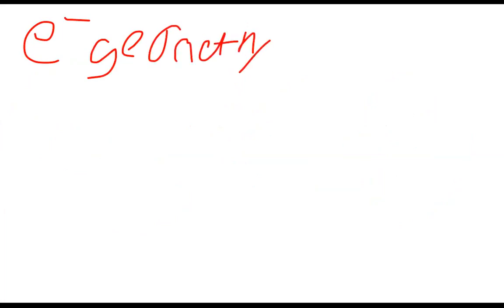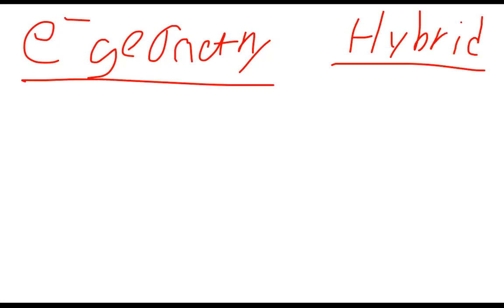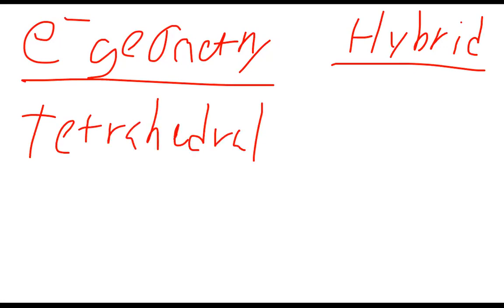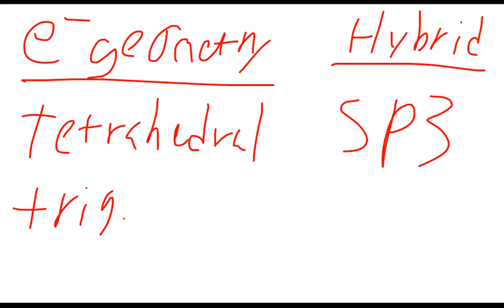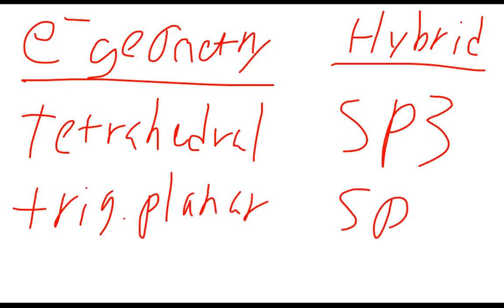So this is our electronic geometry, and this is the hybridization. If you have tetrahedral, you're SP3. If you're trigonal planar, you are SP2.